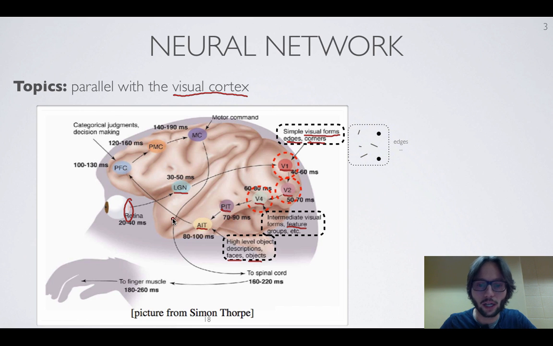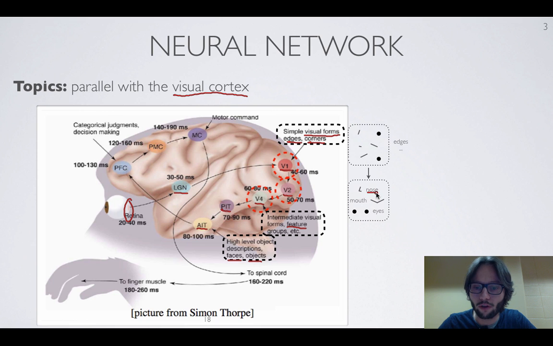Now, we can look at a cartoon explanation of what we can do with such a sequence of regions. Say we have a first region that might extract different edges in an image, and then these features would be reused by a subsequent region, which would then combine these features.